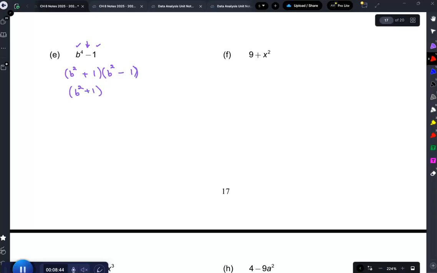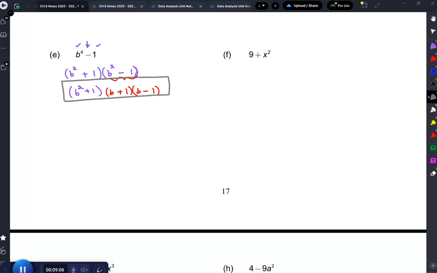What about this one? That one, perfect square, minus in the middle. I can factor that some more. So I get b, 1, plus minus. Do you see this? Now this is the final answer.